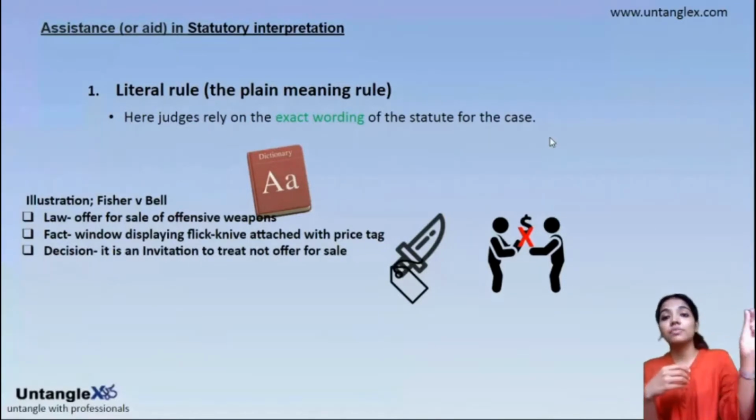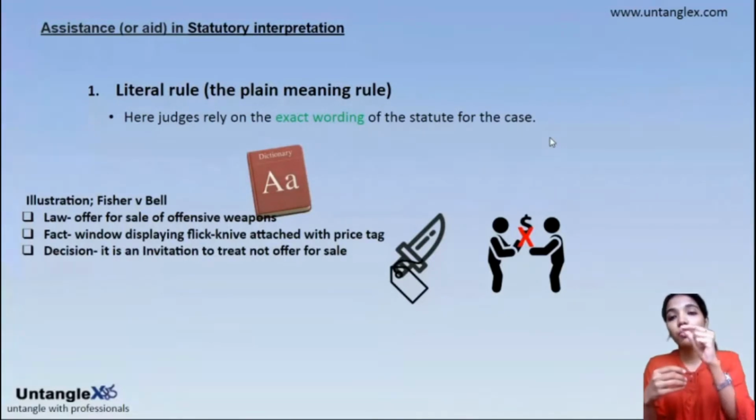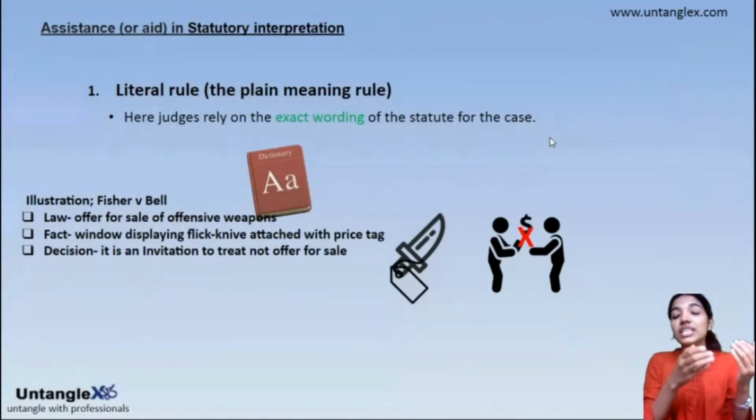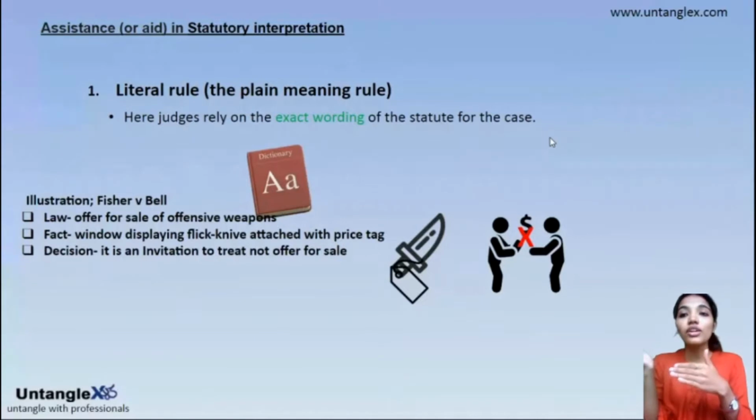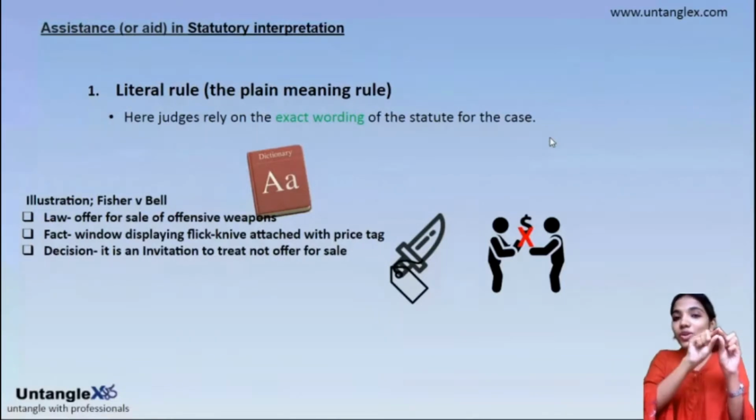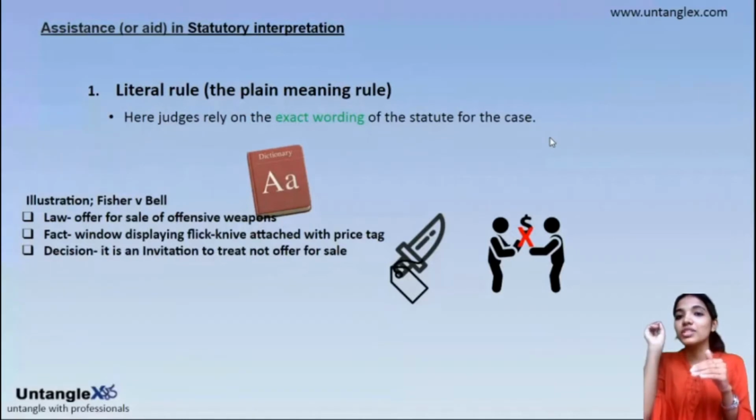That means I am taking this knife, I want to buy this knife. So the offer is coming from the customer and not from the shopkeeper. Therefore, when we look at the literal rule, it is not an offense to keep a knife in the shop window. But actually, what did Parliament think? Parliament's intention was to prevent the sale of offensive weapons. But when we look at the literal meaning, it's not an offense to keep the weapons in the shop window.